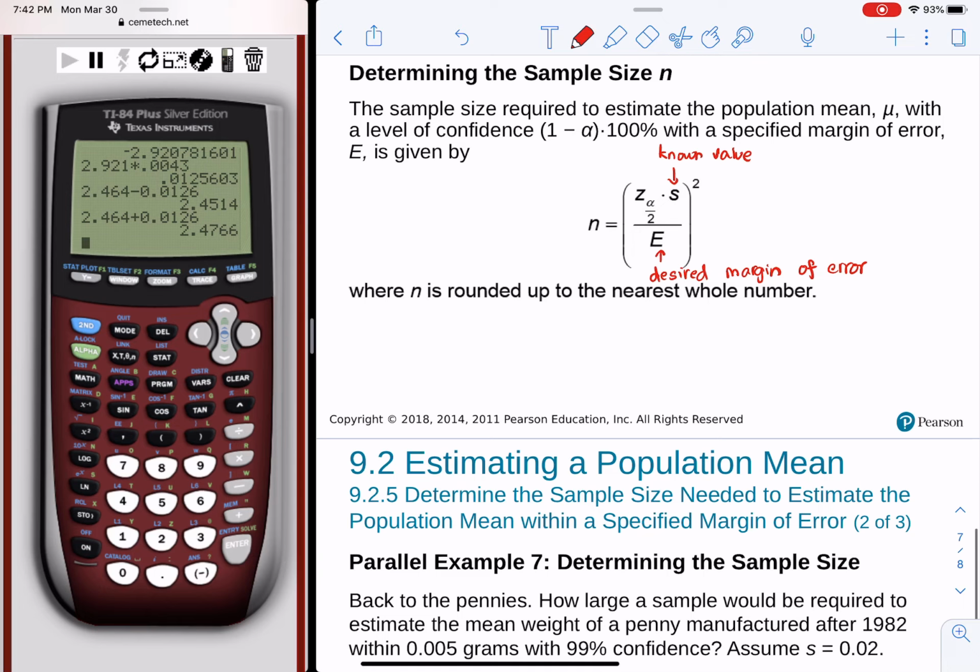So if we have a desired margin of error, and if we know the standard deviation from a previous study, then we could use this formula to estimate the sample size for the new study.